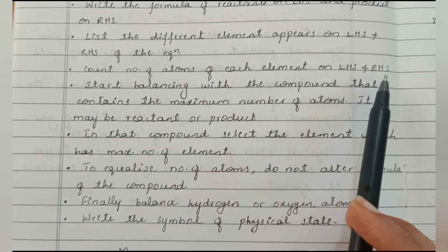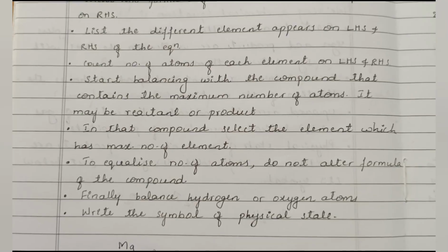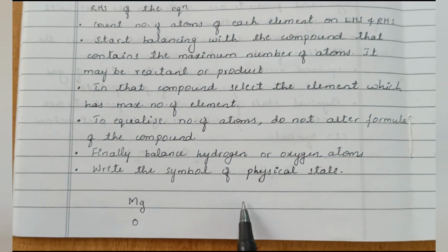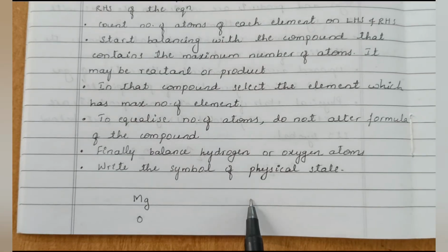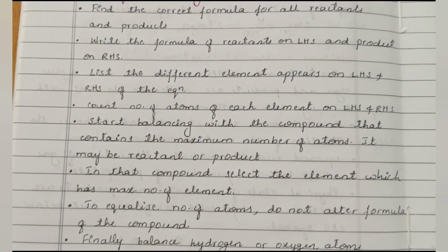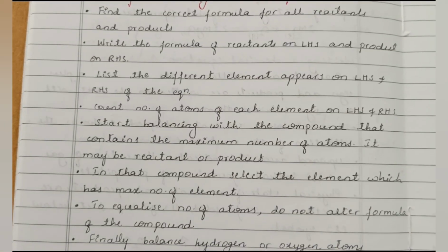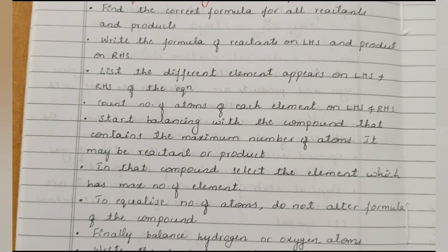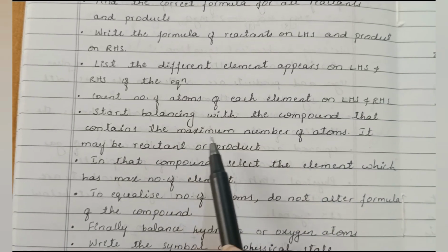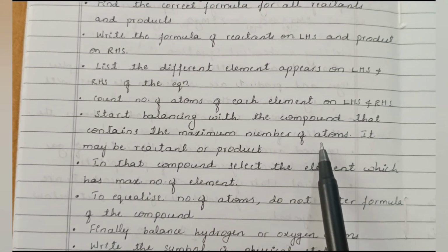And count the number of each element on LHS and RHS. In the reactant side, we have to write how many magnesium are present. In the product side, we have to write how many are present. Okay. Then start the balancing with the compound that contains the maximum number of atoms.